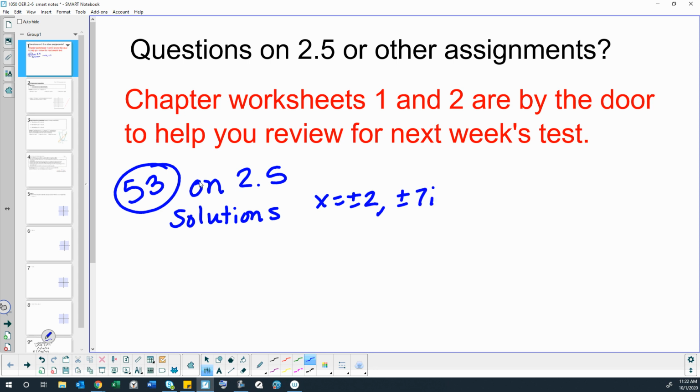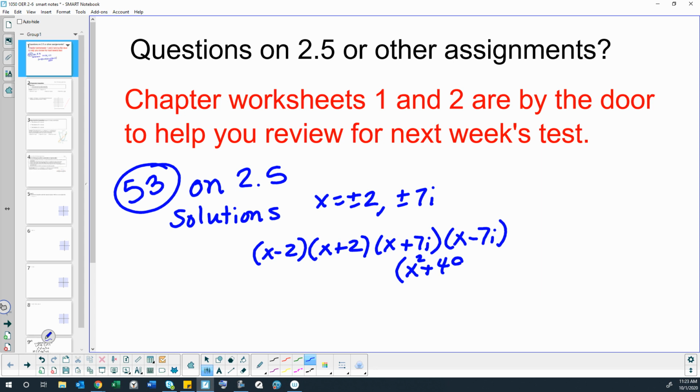So that would be x minus 2, x plus 2, x plus 7i, x minus 7i, and this last part would turn into x squared plus 49, I think, wouldn't it? Because when you FOIL it out, the negative 7xi, positive 7xi cancel, and we get negative 49i squared. I squared turns into negative 1, so we get positive.